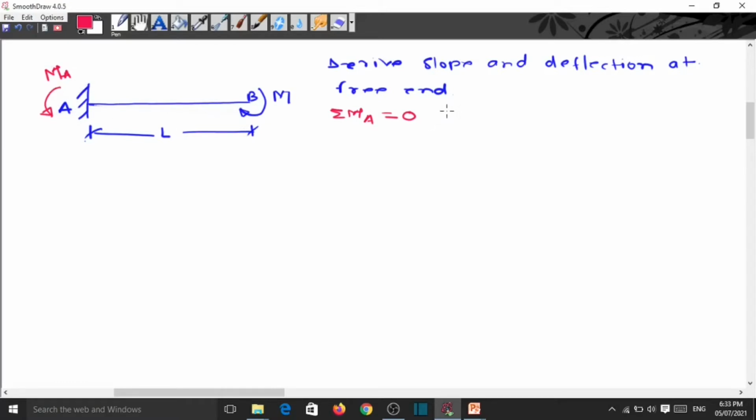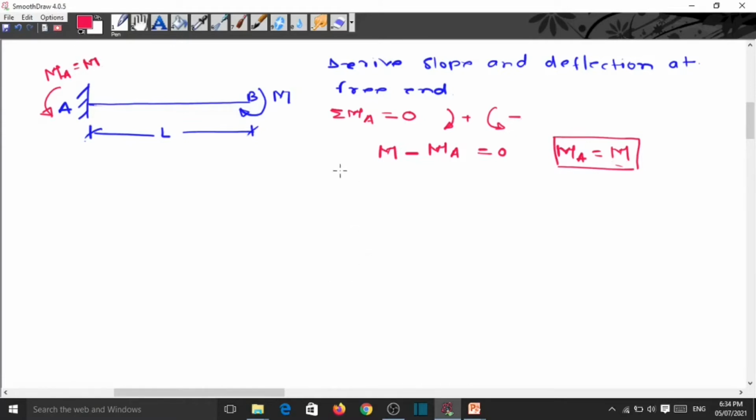So we consider clockwise as positive and anti-clockwise as negative. So this moment is clockwise, so this is M, and this moment is anti-clockwise, so that is minus MA, equal to 0. So we can say that MA is equal to M.